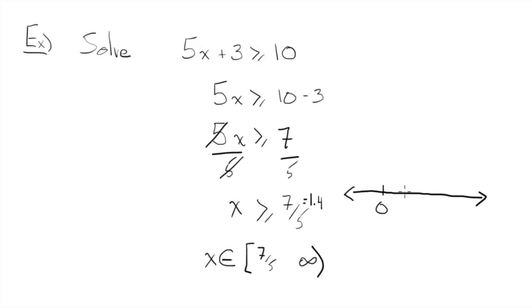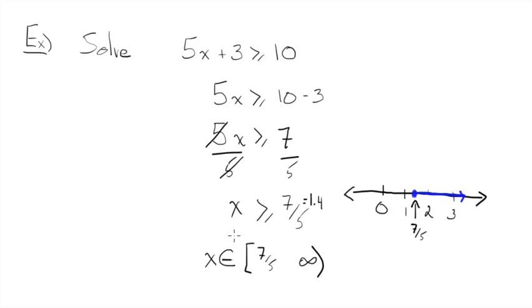So if this is 0, 1, 2, 3, 1.4 is about here. We want a solid dot because we're including this. I might indicate what that number actually is, so this is 7 over 5, just so I can see exactly where it starts.